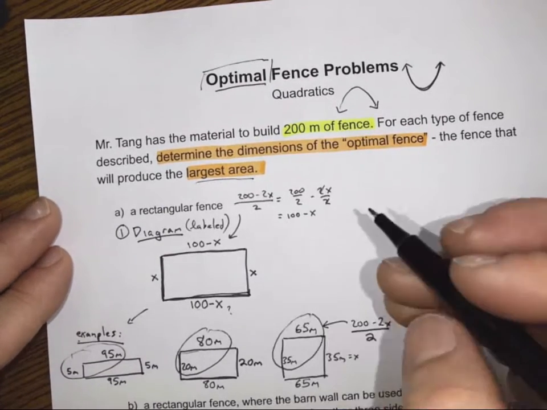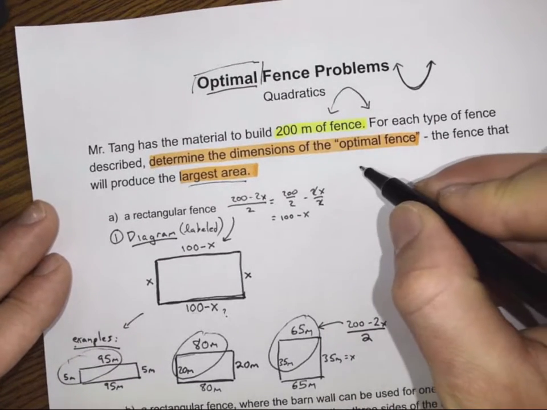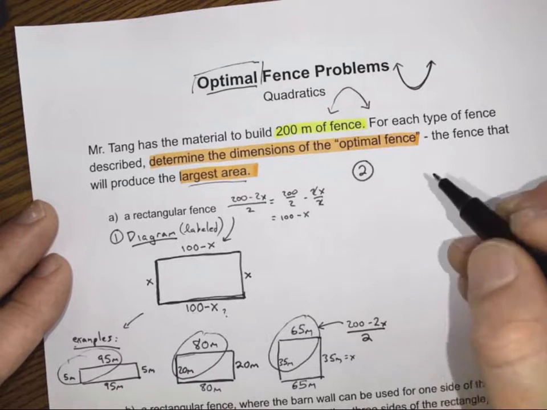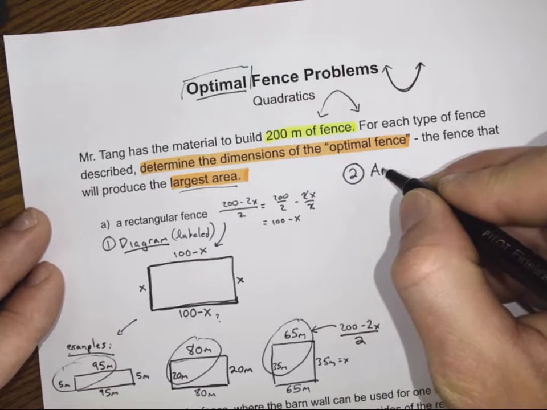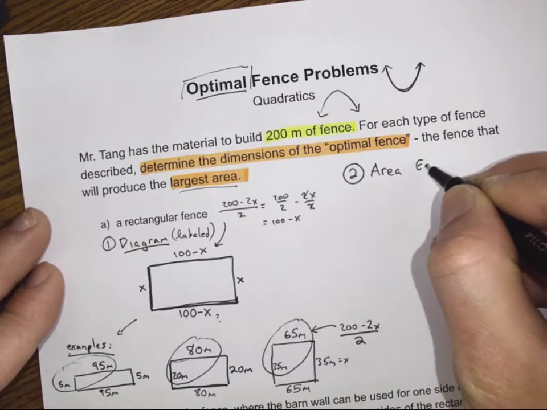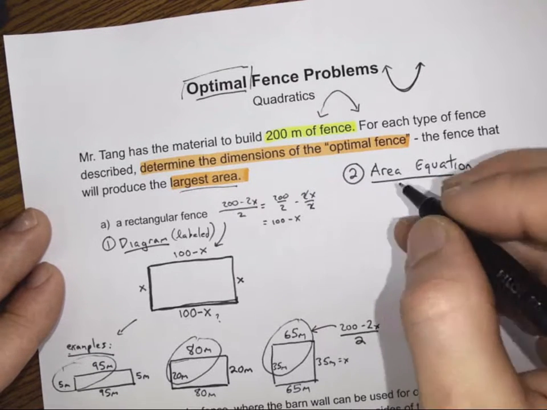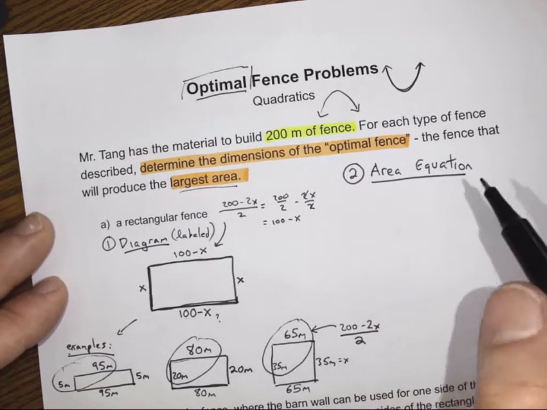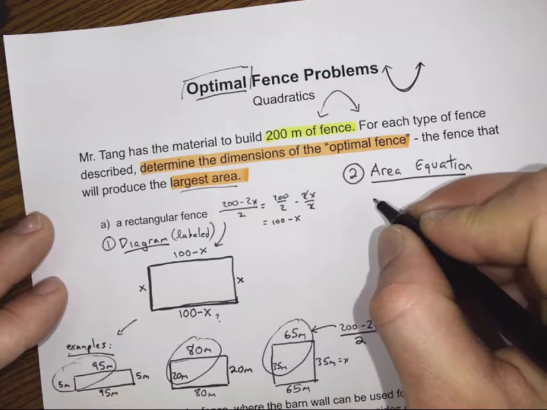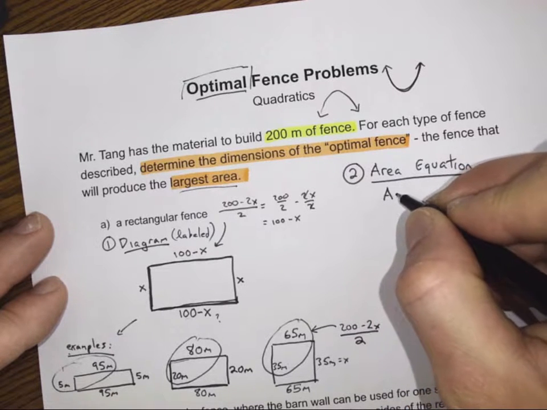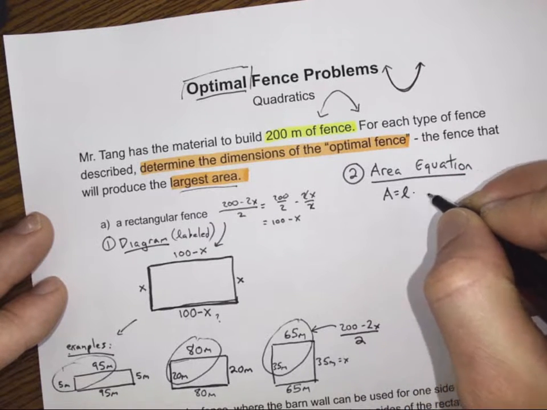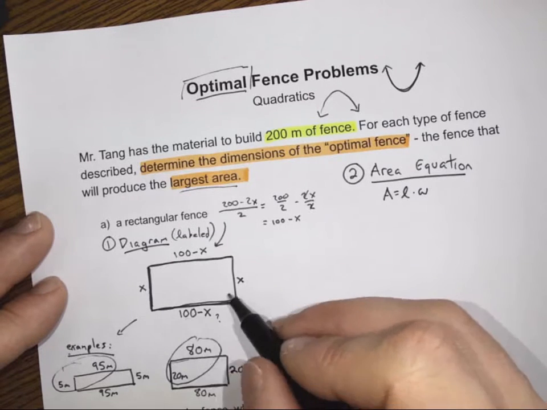Great. So now I'm going to move on to step 2, which is I'm going to make an area equation. All right. So I know that the area of a rectangle is length times width, or if you prefer, length times height.